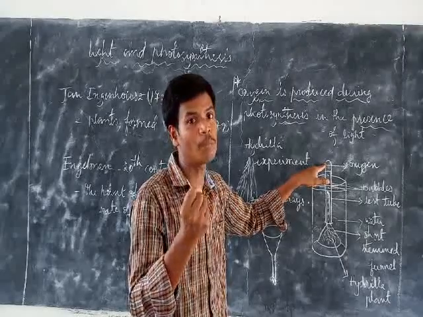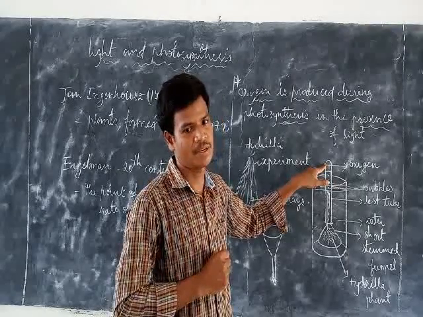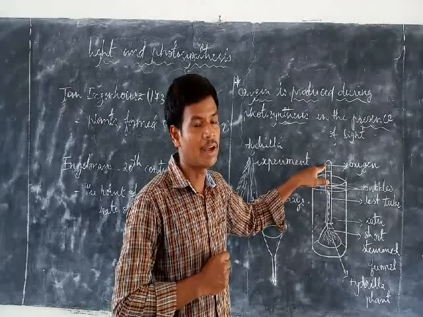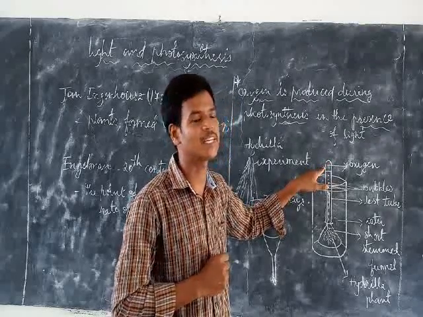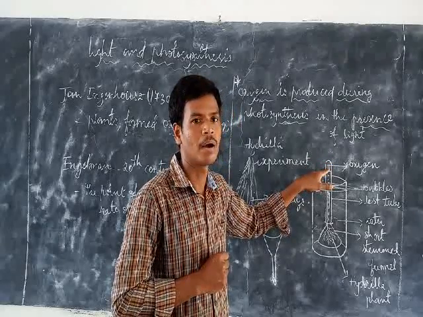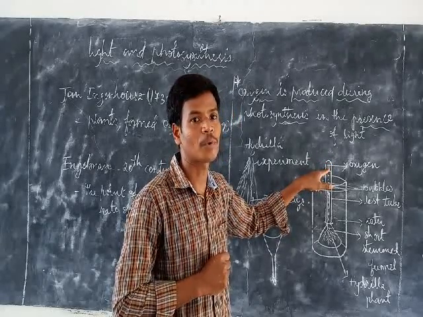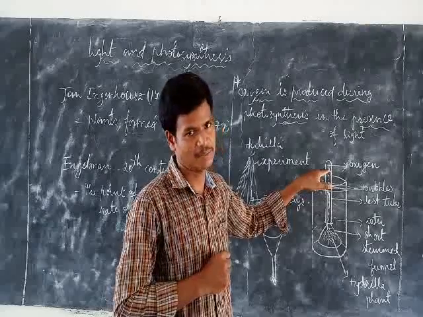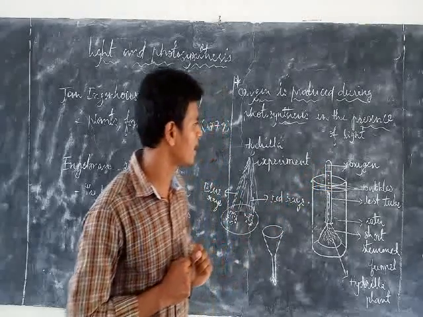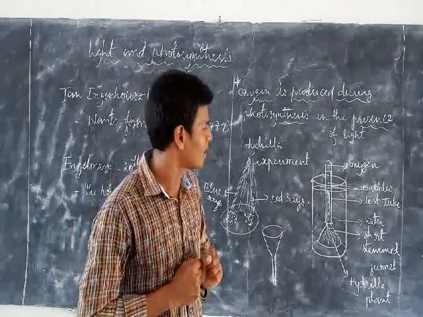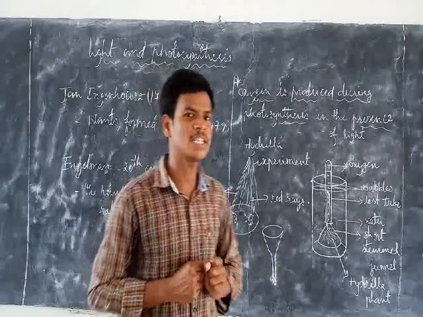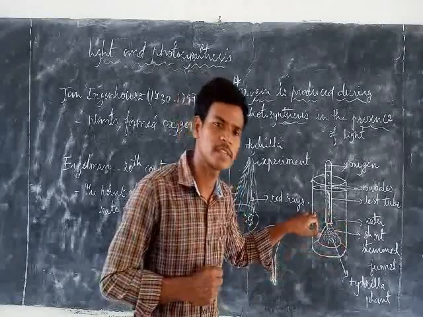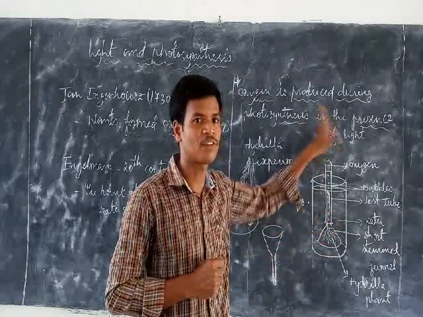That means what? It would burst into flames. Finally, this shows what? Presence of oxygen in the test tube during the process of photosynthesis. Okay, so here finally we could conclude oxygen is produced during the process of photosynthesis in presence of light.